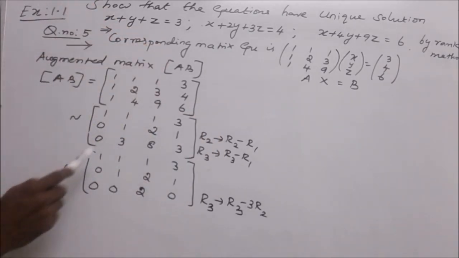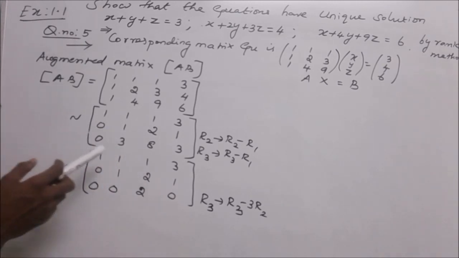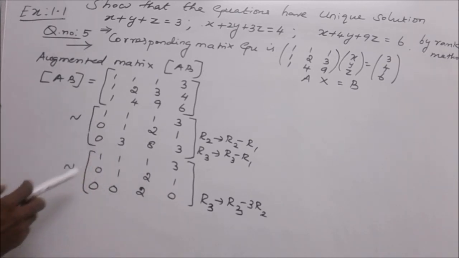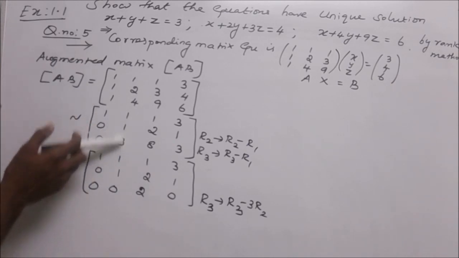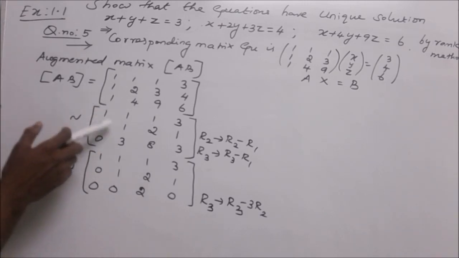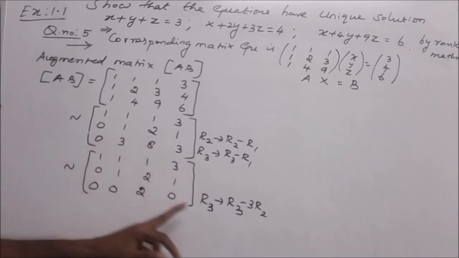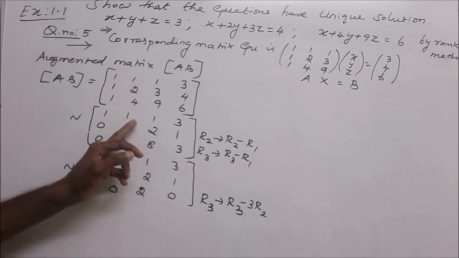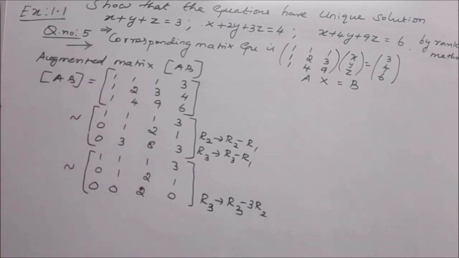The next priority is to make this 3 into 0. To make this 3 as 0, look at the last two rows and multiply this entry by 3 and subtract. 3 minus 3 becomes 0. Already these two are 0, so they will not be affected. You can follow that process. Now the new R3 is framed using R2 and R3 of the previous matrix.